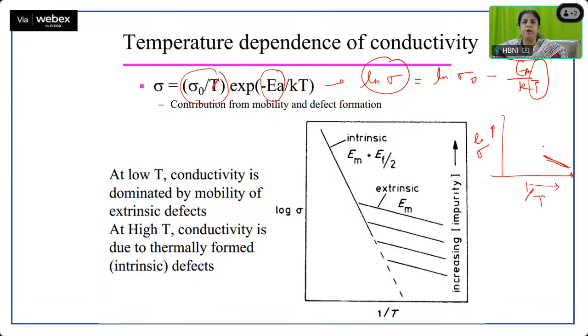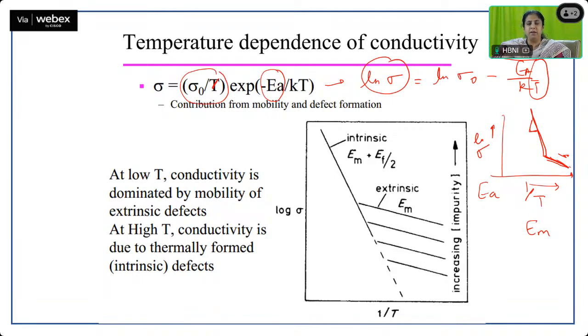But at some point, this conductivity will increase. So the slope has increased. Why? Because now your activation energy has two components. One of them, which was instrumental here also, is your energy required for the mobility. But at higher temperature, you also have additional activation energy because, as the temperature is rising, Schottky defects are being created.